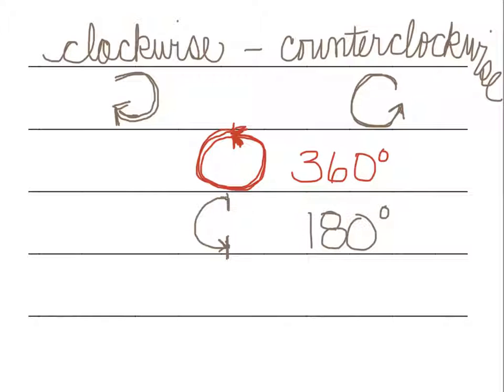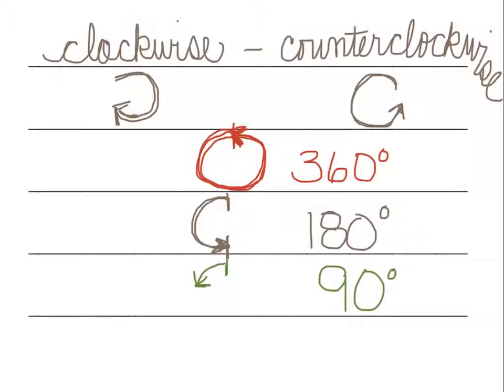Hopefully you've said counterclockwise because I'm going backwards of the clock. And our last one, put your starting spot right here. Stop right here. And that would be half of the half, which would be a 90 degree move going counterclockwise.